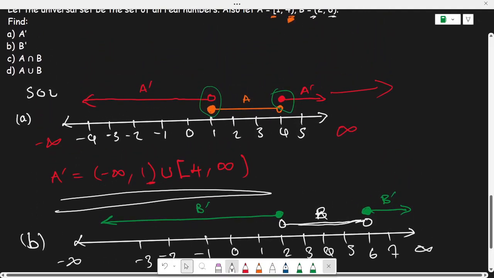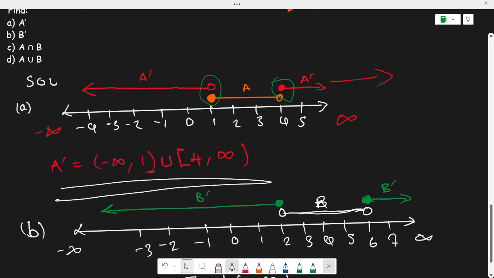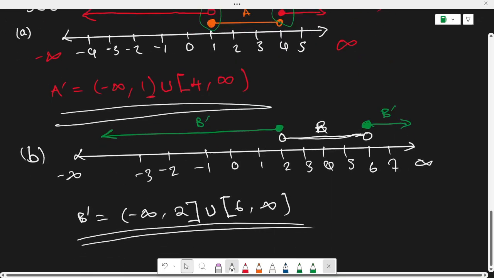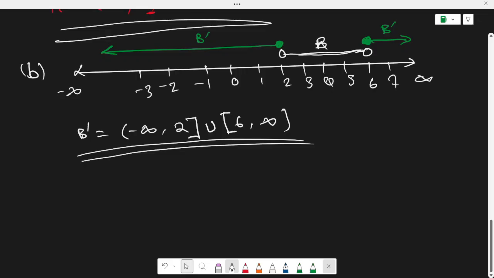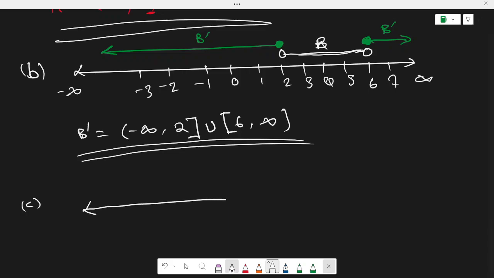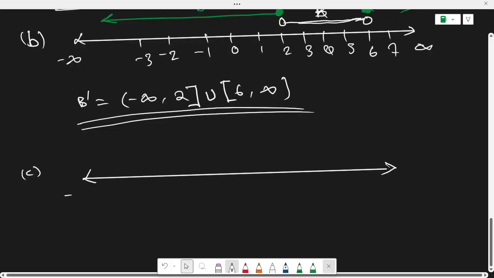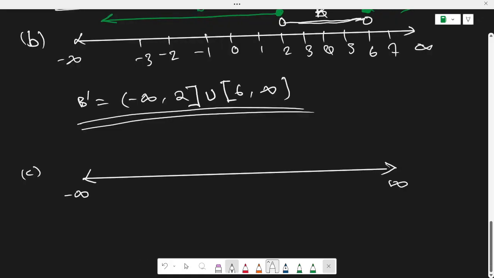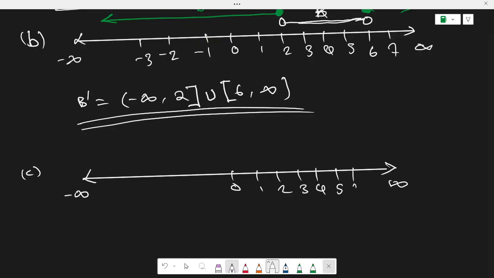Okay. The other part is A intersection B. Okay, we write our number line, negative infinity, we've got infinity, 0, 1, 2, 3, 4, 5, 6, 7, -1, -2, -3.